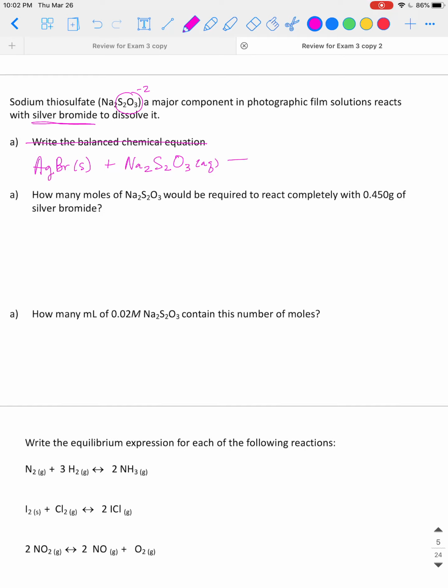So these react, and the thing that's weird about this is that it forms this product, Na3Ag(S2O3)2 aq, and this makes 0 sense to us.